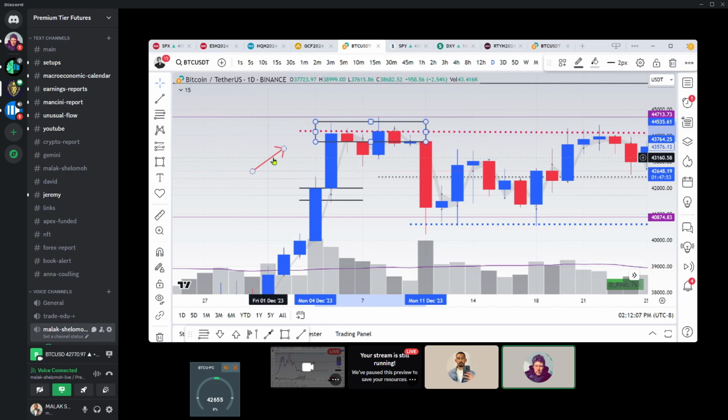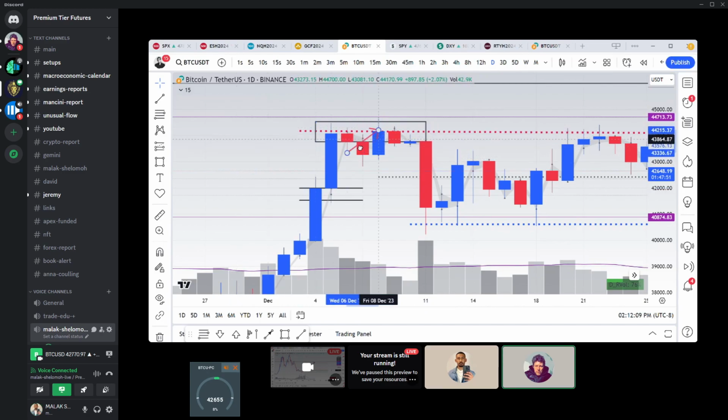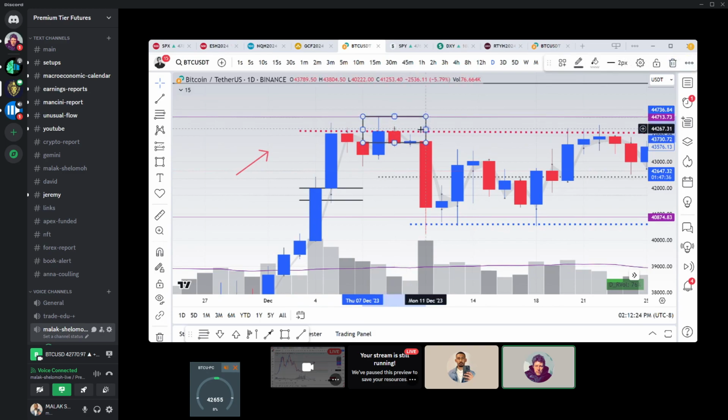Now you've got what we might call a double top, a secondary test of this bearish order block that actually goes through it, and that creates a second order block. Now this is more confirmation.